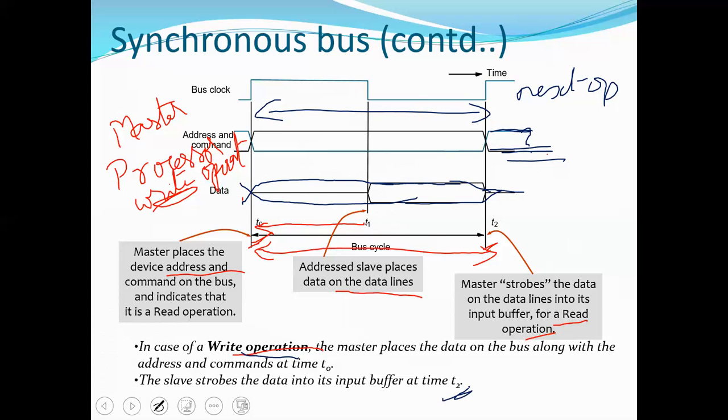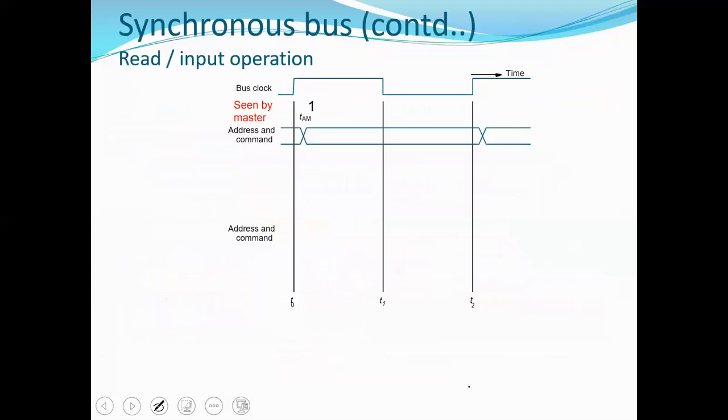Okay, so this is synchronous bus, and now we'll see the status of when the data will actually be seen by the master and when it will actually be seen by the slave. We'll see it in this particular diagram.